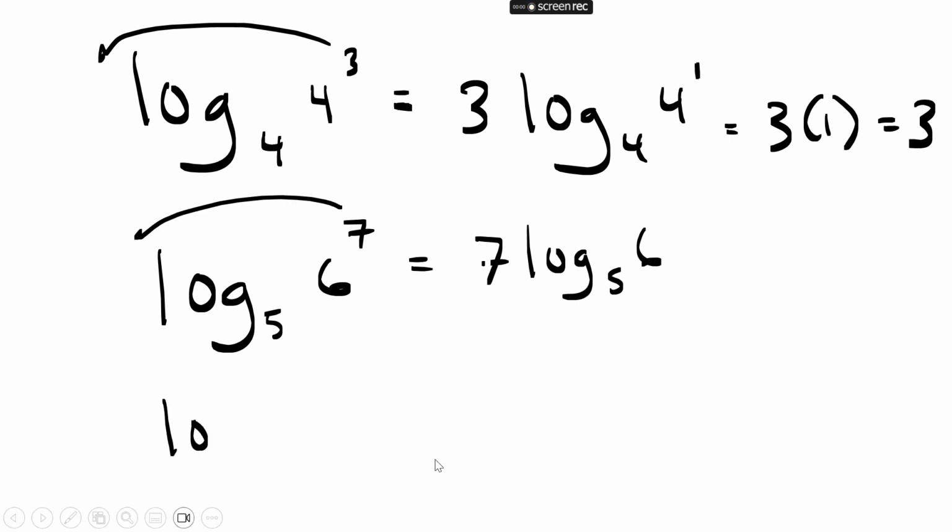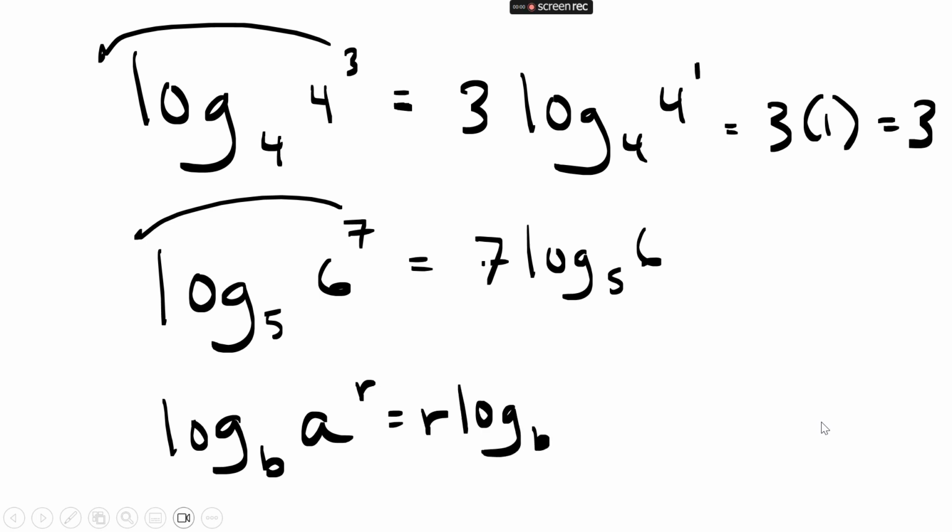Okay, the general principle, here it is, log base b of any value a to the r power. Where does the r go? All the way in front as a multiplier to log base b of a. And then you know what also? If it's just multiplying log base b of a, I can also put it at the end.